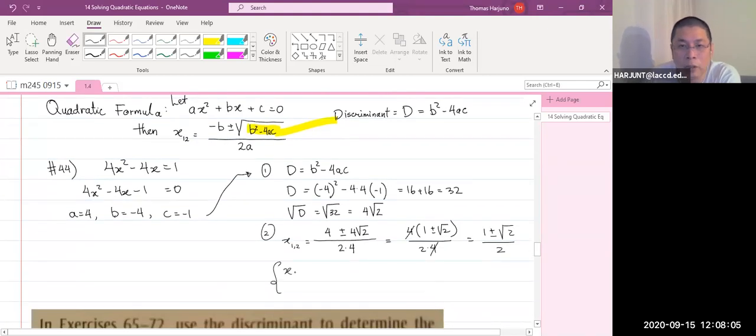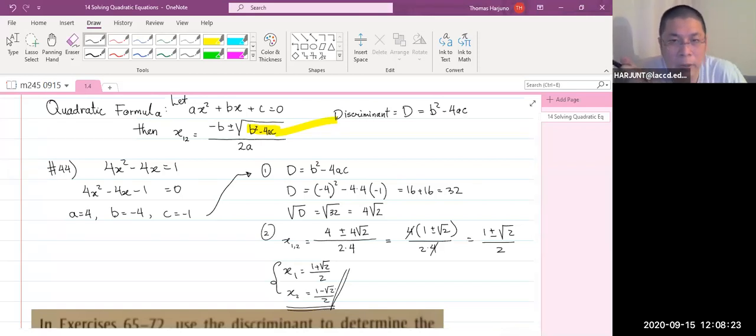So x1 is 1 plus square root of 2 over 2, x2 is 1 minus square root of 2 over 2. Okay, so what I meant is to work on the discriminant first. If necessary, apply the square root right away. Not the square root property, just the square root. Because when you apply the square root on 32, you can simplify that a little bit further.